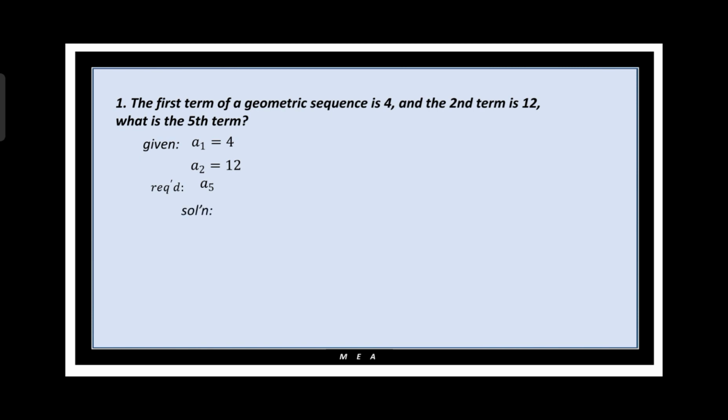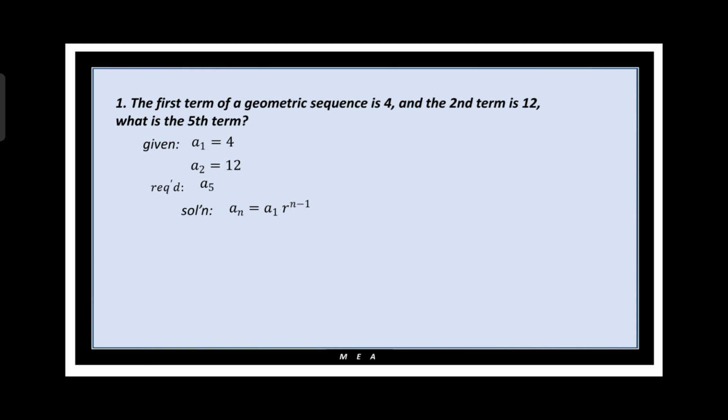So, solution. Sulat muna natin yung ating formula in finding the nth term. So, a sub n is equal to a sub 1 times r raised to n minus 1. We don't have the common ratio base sa ating mga given, so hanapin muna natin kung ano yung ating common ratio.